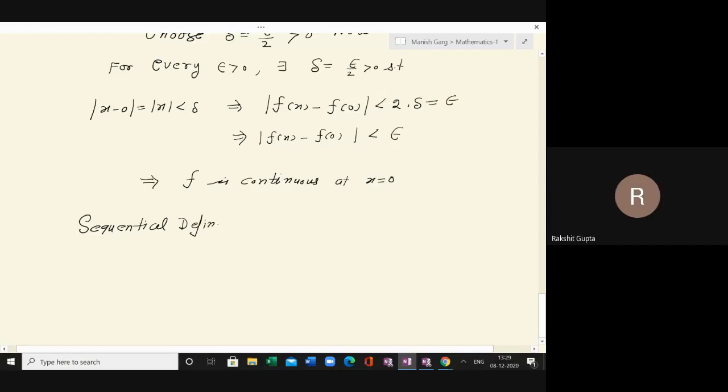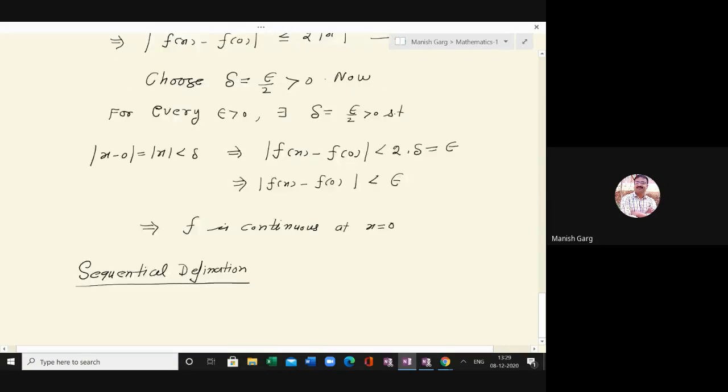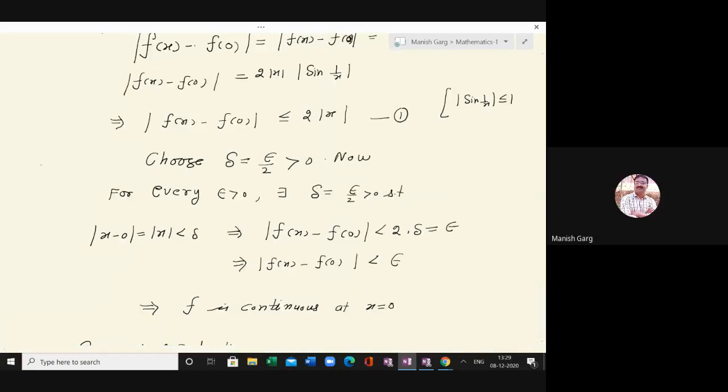What is delta? Actually, if you see the definition, x minus x naught will be x minus 0. So here, whatever mod x is, if I take epsilon, delta is equal to epsilon by 2. When you use this condition in equation 1, mod fx minus f0 will be less than epsilon.